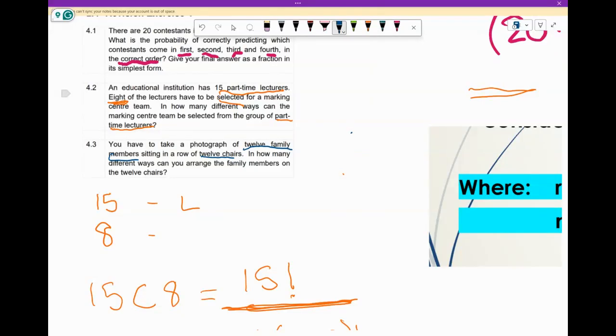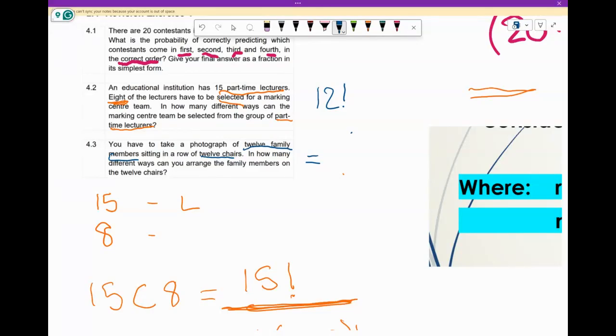Here again there's 12, and it's just 12 factorial, because any of the 12 members can sit on any of the 12 chairs. That will give you the number of ways you can take this photo of your 12 family members.